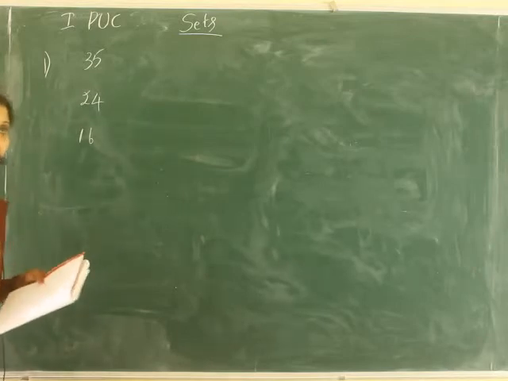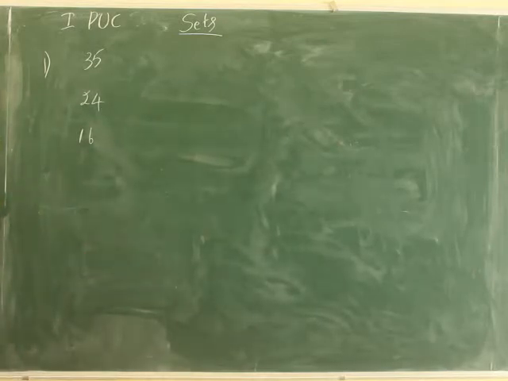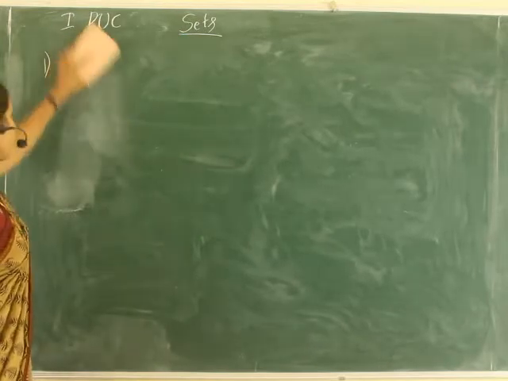So this is the question. What values are given? In a class of 35 students, 24 like to play cricket, 16 like to play football, and each student likes to play at least one of the two games.